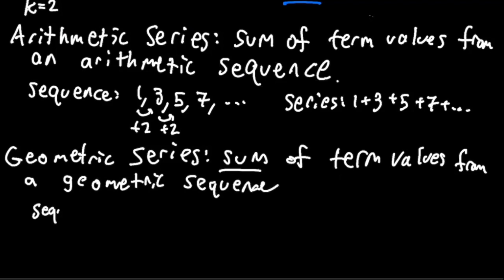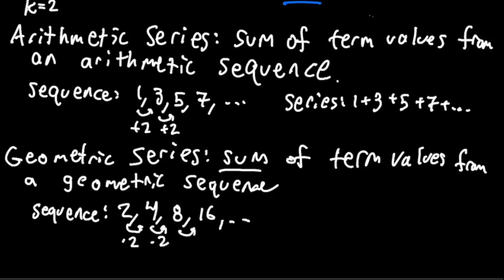For example, a sequence we could look at is 2, 4, 8, 16, and so on. Here we have a geometric sequence because we are multiplying by 2 each time to find our next term value. Our series in this case would be all of those term values added up. But to find our next term value, we multiplied by that common ratio of 2.